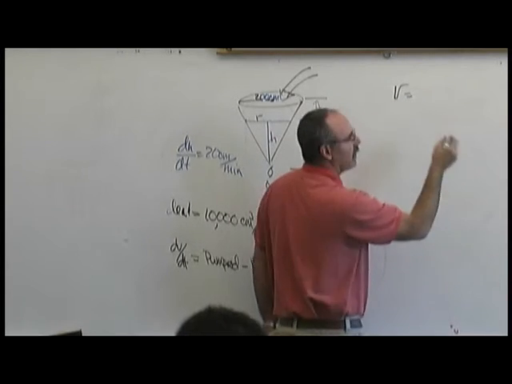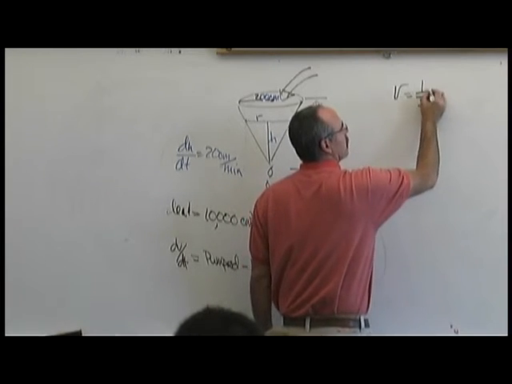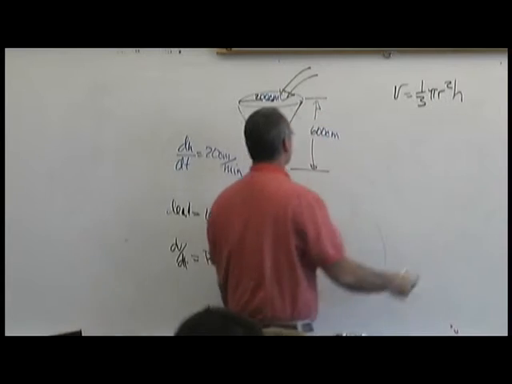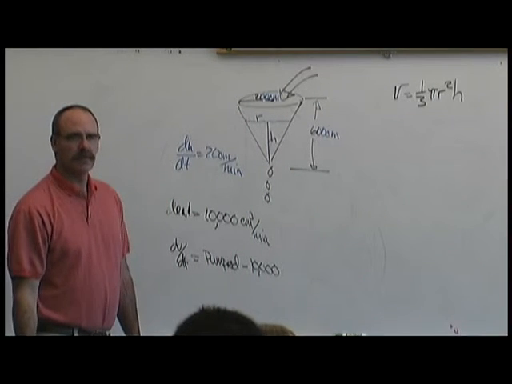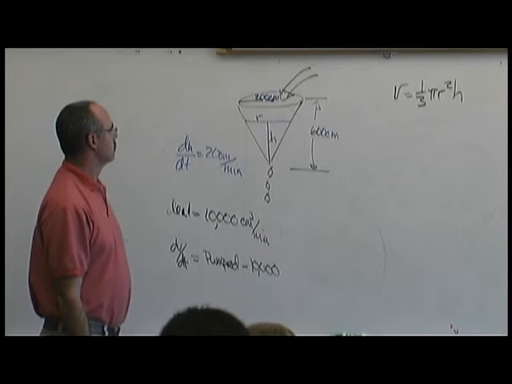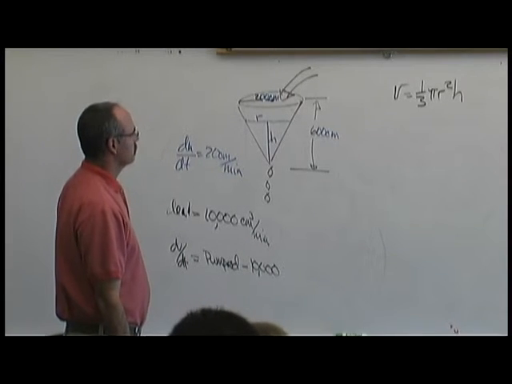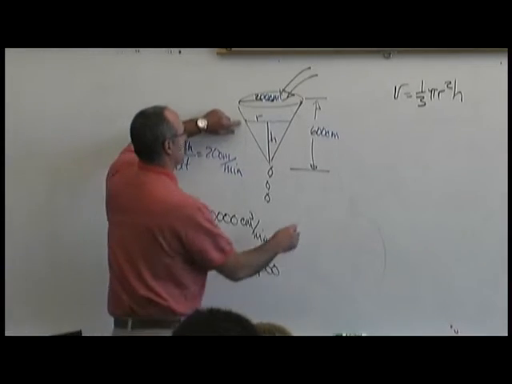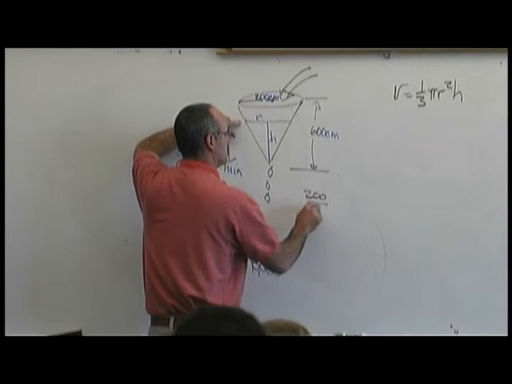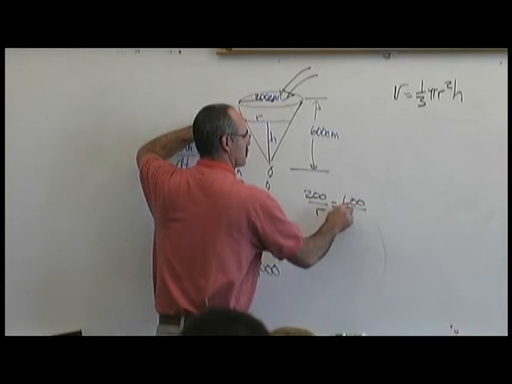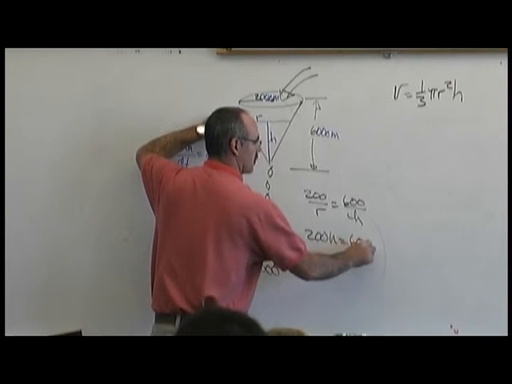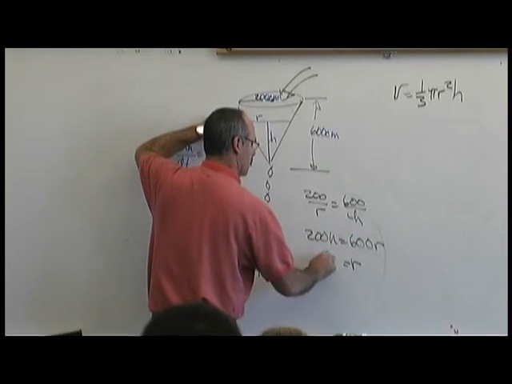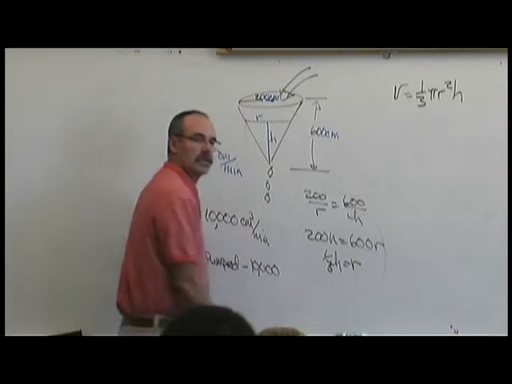Okay, so volume of a cone, just like all the other cones. Now it becomes just like all the rest of the problems. 1/3 pi r squared h. Anywhere to get in terms of the single variable, Sarah? Do you have similar triangles? 200 is to r as 600 is to h. 200h equals 600r. So r will always be 1/3 of h.